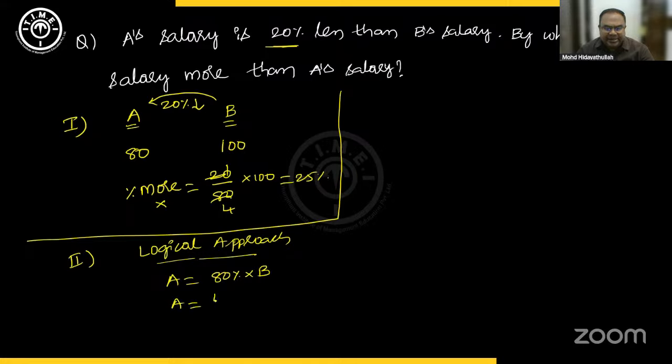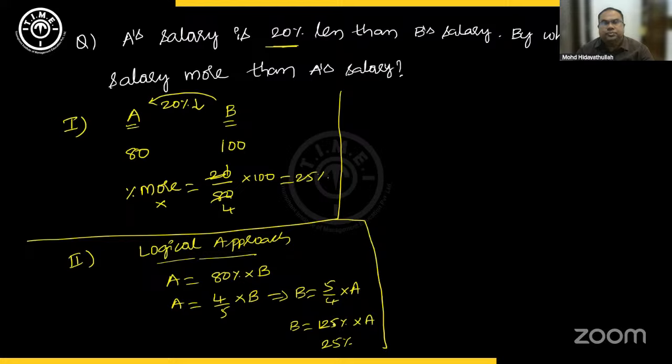That means A is 4 by 5 of B. 80% of B means 4 by 5 of B. That means I can get B is equal to 5 by 4 of A. So B has to be 125% of A. So B has to be how much percent more? 25% more.